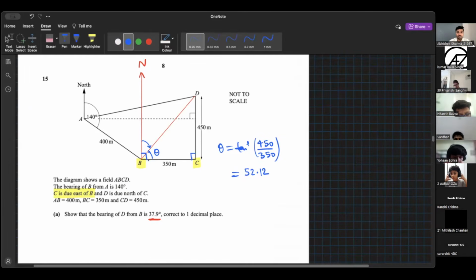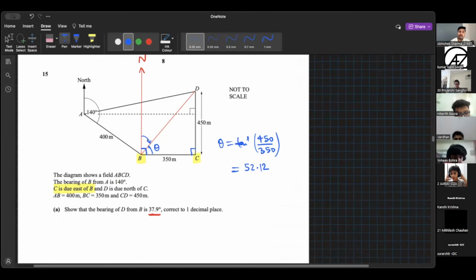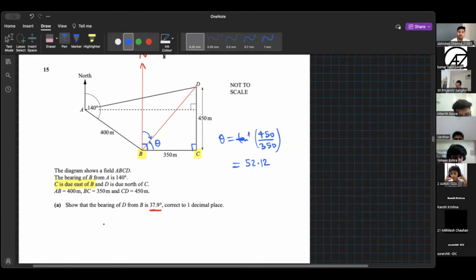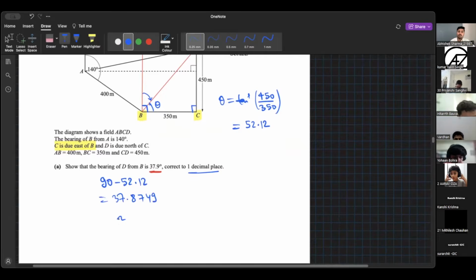That's why this is 90 degrees. So to find that bearing, it will be 90 degrees minus 52.12. So 90 minus 52.12, I'm getting 37.8749 something. And we have to write correct up to one decimal place. So that will be 37.9 degrees.